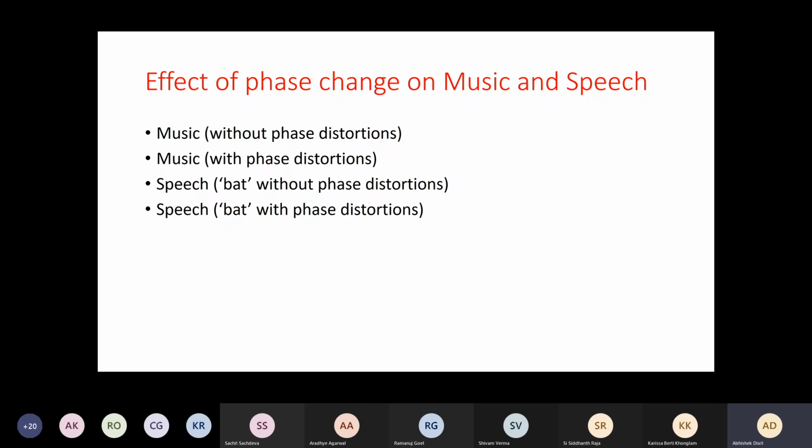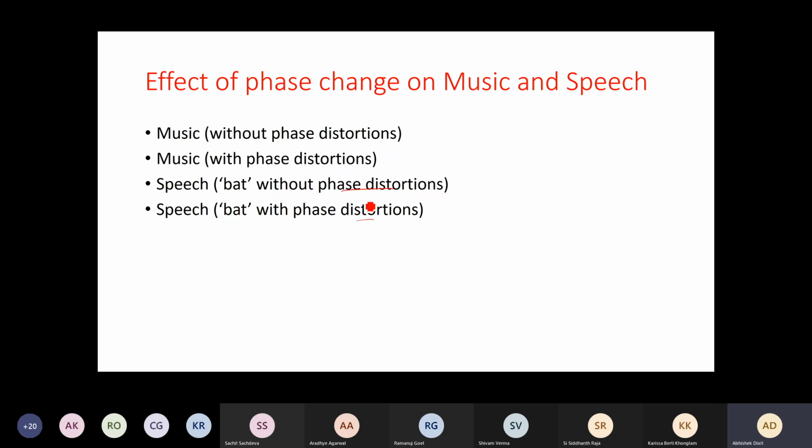Then I will play the music signal which passes through this all pass filter. So there is no distortion in magnitude response, but distortion in phase, and we will hear that. Then we will also play out some speech signals, a simple speech like 'bat', without phase distortion and with phase distortion. Without phase distortion means playing out the speech as it is.